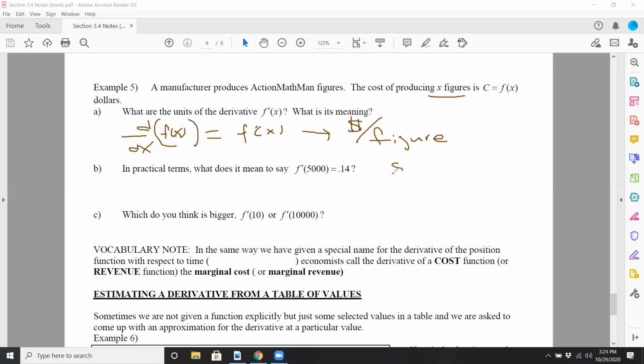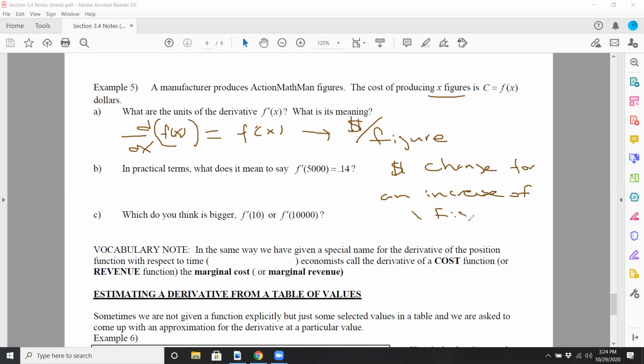And what it means is this: it's going to be the dollar change for an increase of one figure.